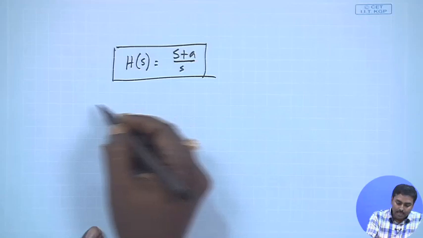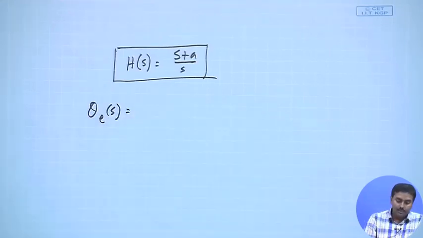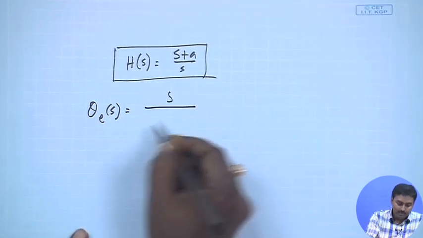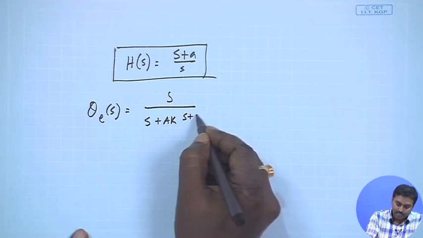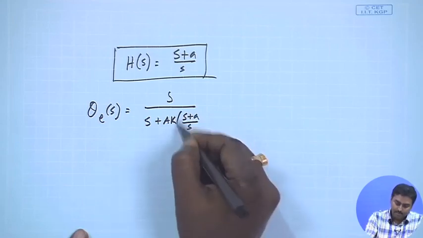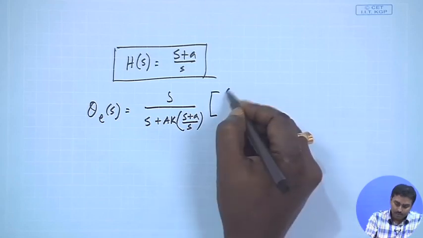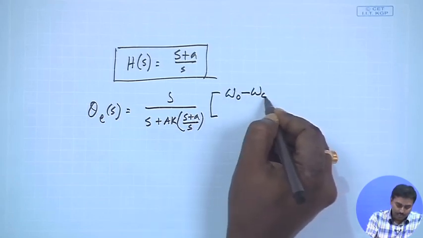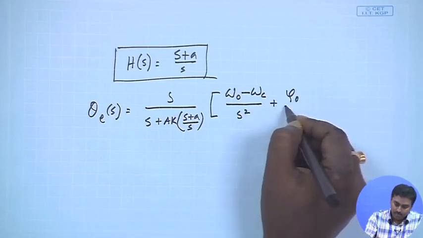Immediately, theta_e(s) is nothing but s divided by s plus a k H(s). In place of H(s) we can write (s plus a) divided by s, into theta_i(s), which is (omega 0 minus omega c) divided by s square plus phi 0 divided by s.